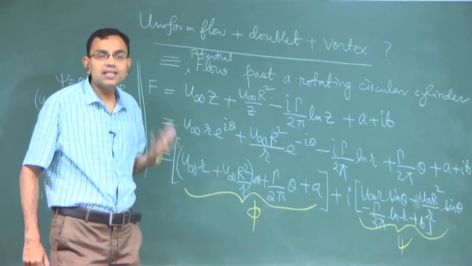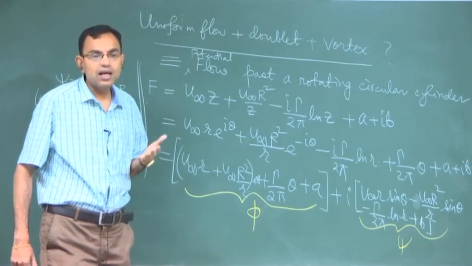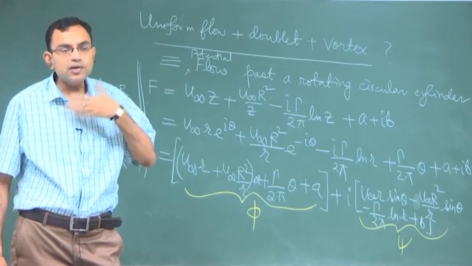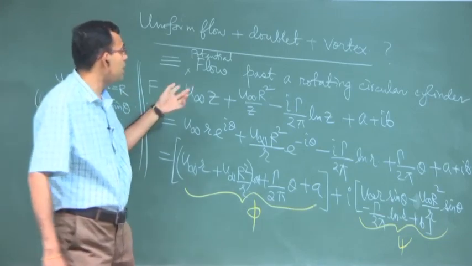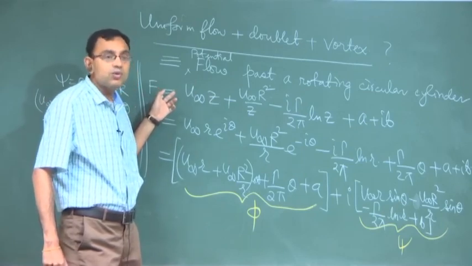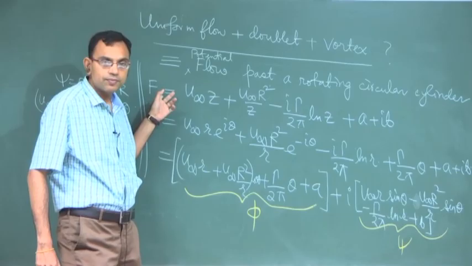And in the next lecture we will see how to find out the lift and drag force on an arbitrary shaped body, given you have the complex potential, using that Blasius force theorem. Thank you very much.